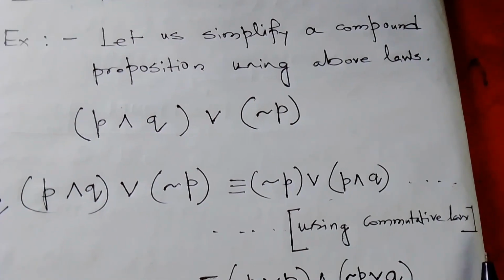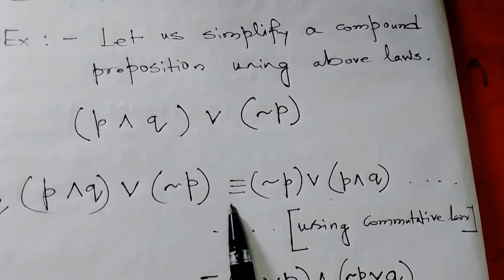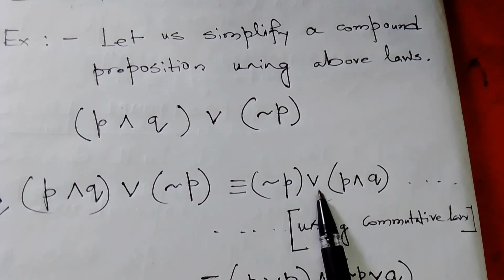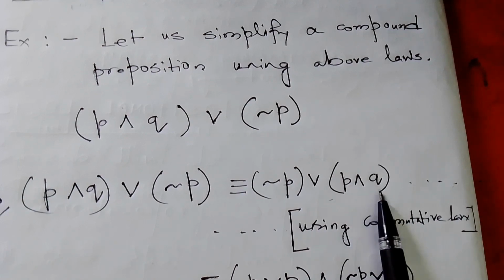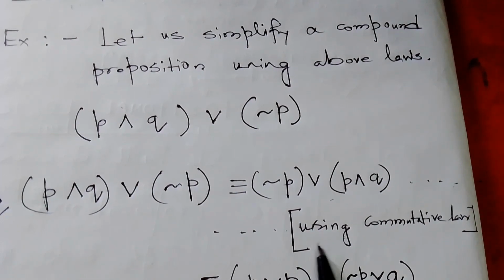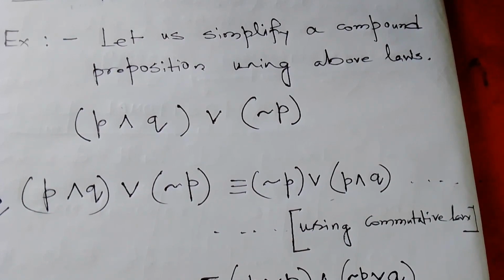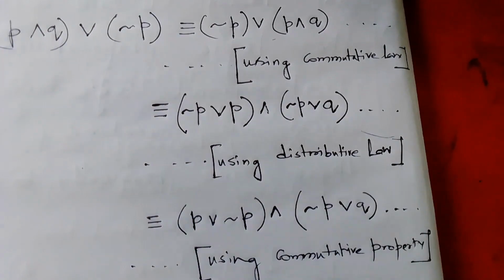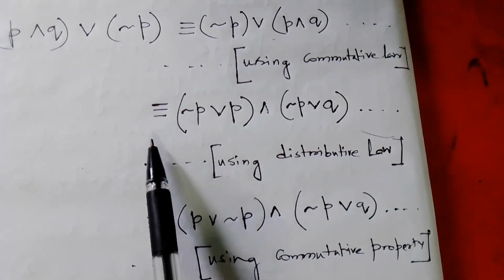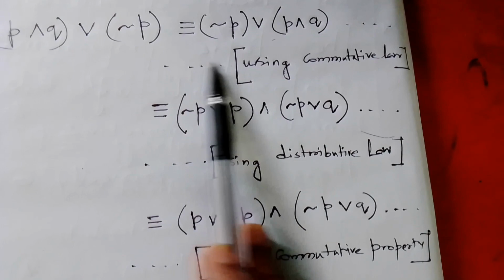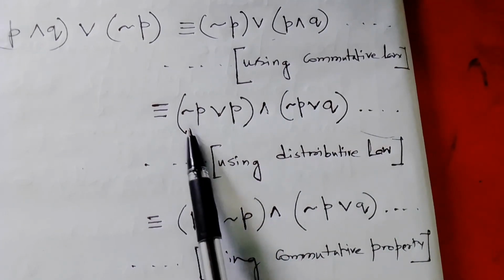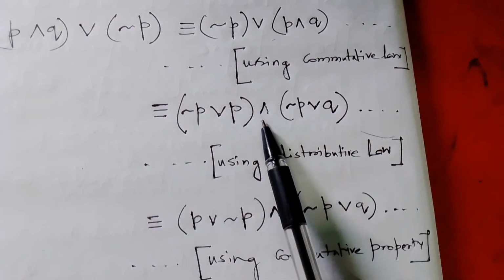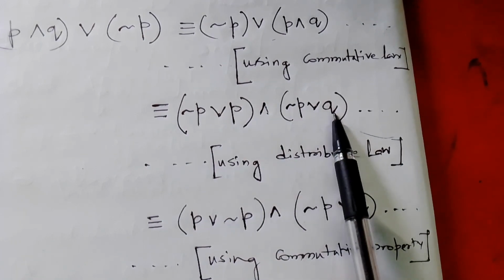So this has logical equivalence with negation of P disjunction (P conjunction Q), and this is using the commutative law. After this, we will further simplify this statement to this one: (negation of P disjunction P) conjunction (negation of P disjunction Q).